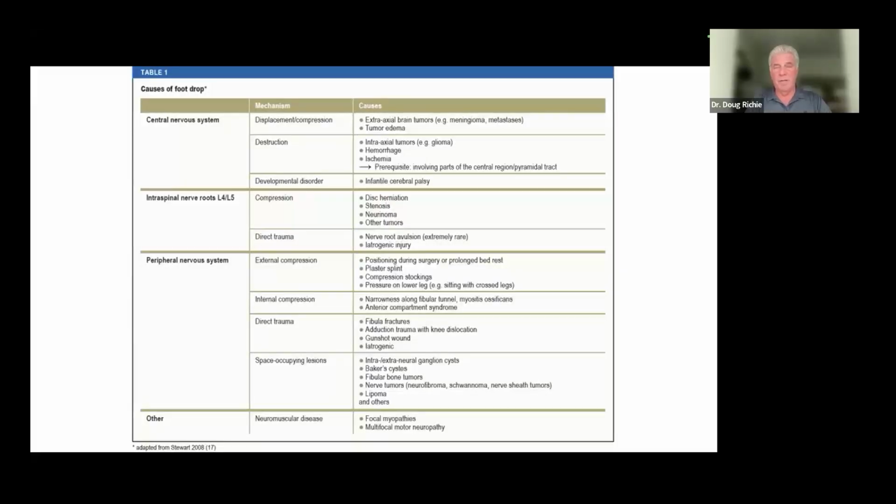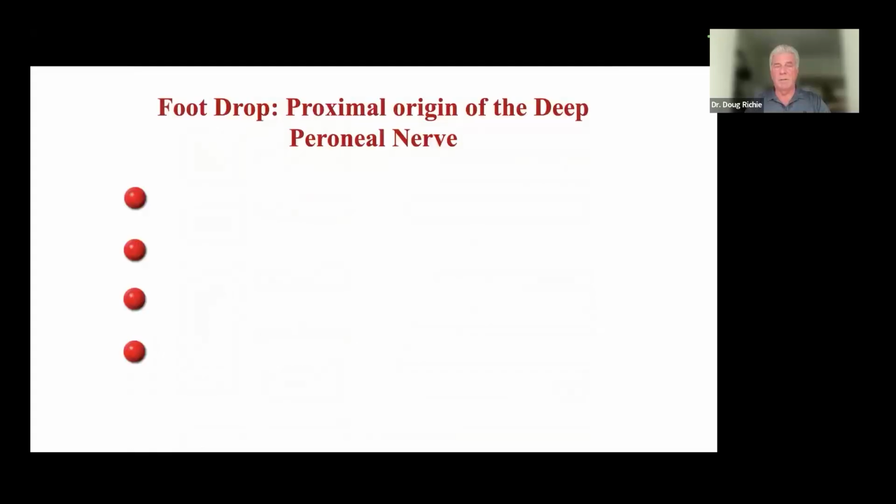Most of us were trained and reviewed the multiple levels of our nervous system that can lead to foot drop. We're going to do a brief overview and try to come up with some clinical pearls for you to make this all make sense. If we work backwards to the very beginning, we're really looking at where the deep peroneal nerve originates from, because it's loss of the deep peroneal nerve innervating those muscles that causes foot drop.